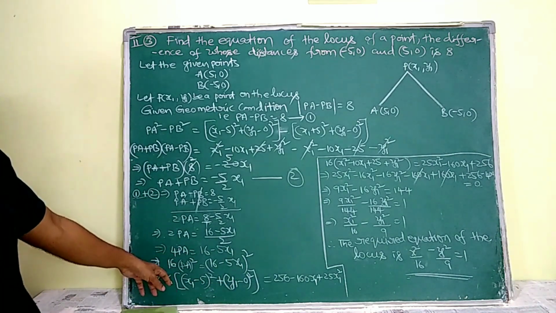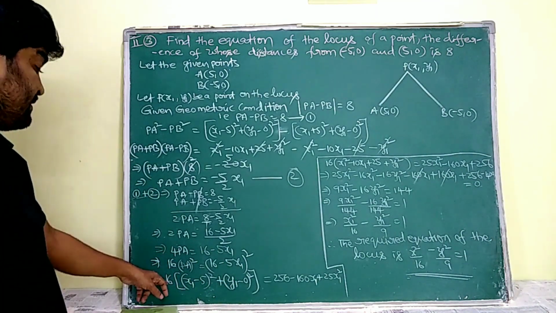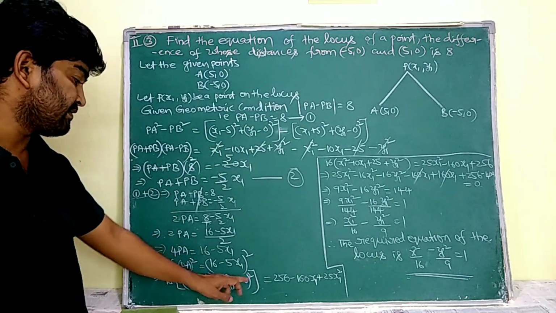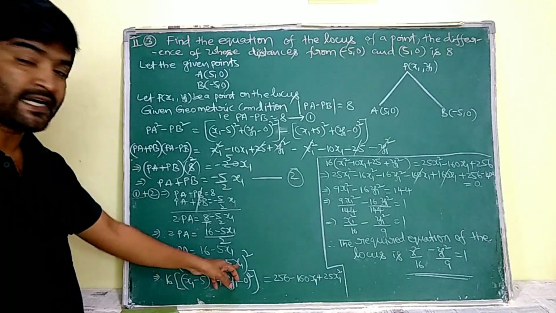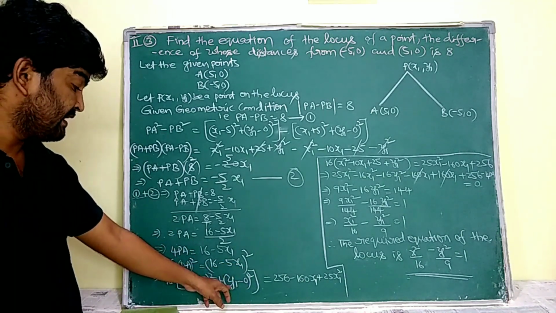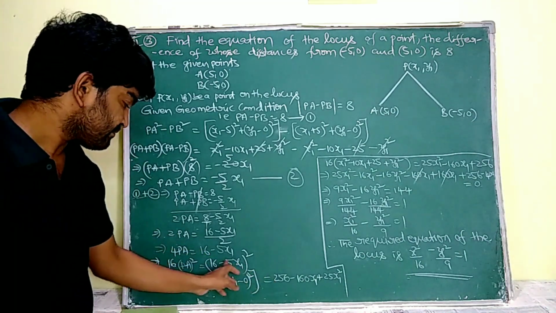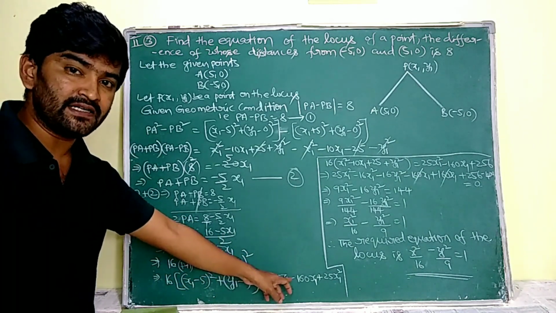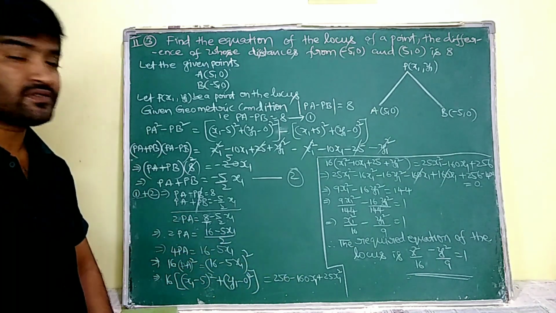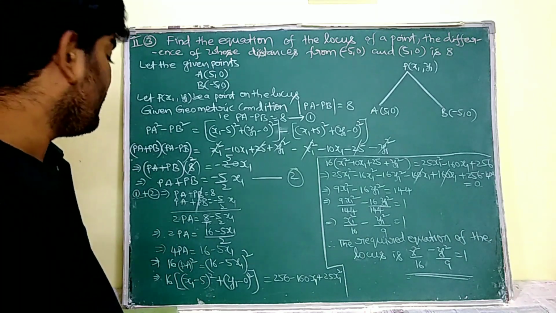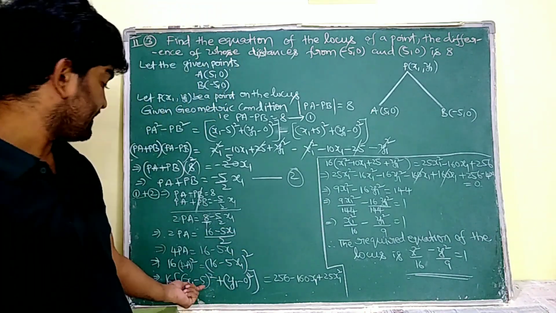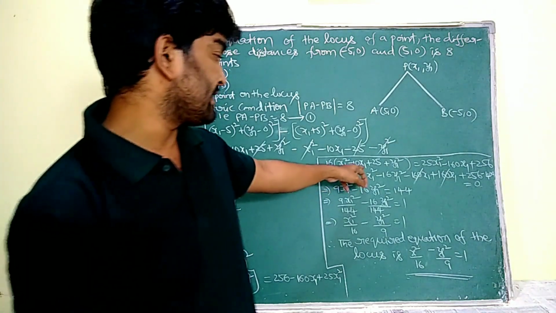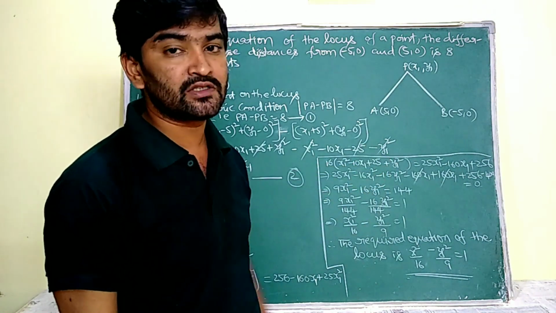PA means the distance between P and A, so (x1 - 5) whole square plus (y1 - 0) whole square is equal to, expanding it using (a - b) whole square, (16 - 5x1) whole square is 256 minus 160x1 plus 25x1 square. After that, again expand (x1 - 5) whole square: x1 square minus 10x1 plus 25 plus y1 square.